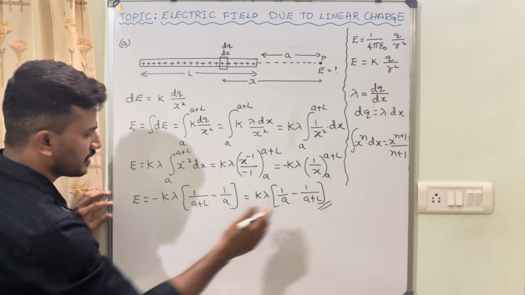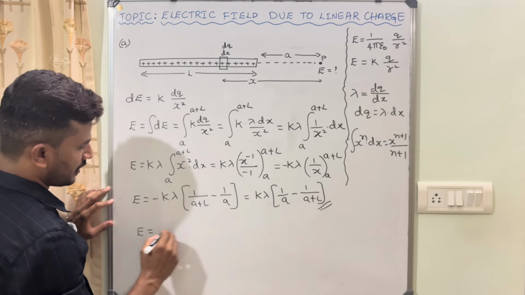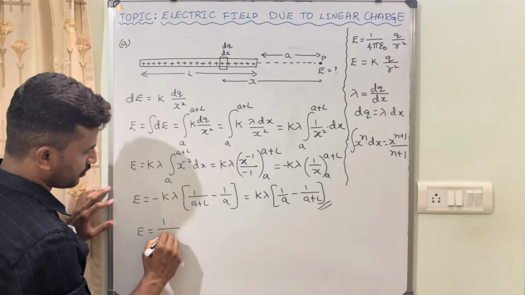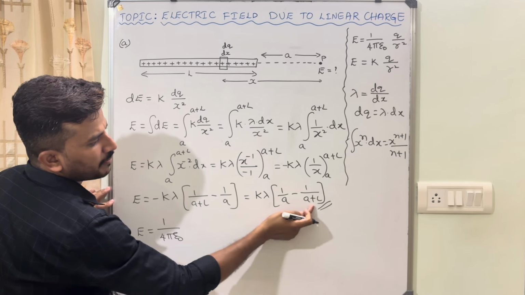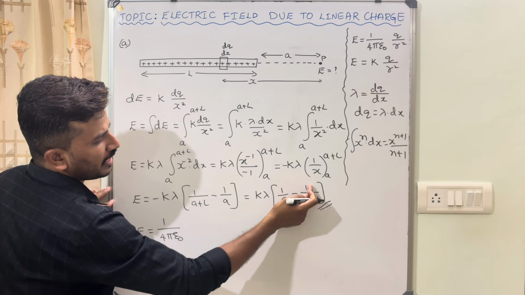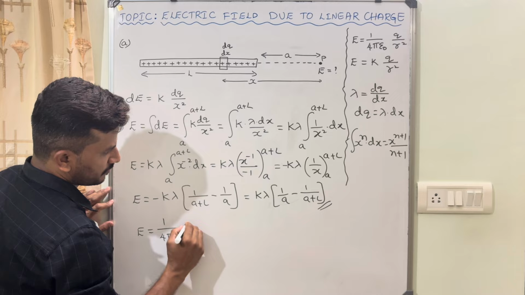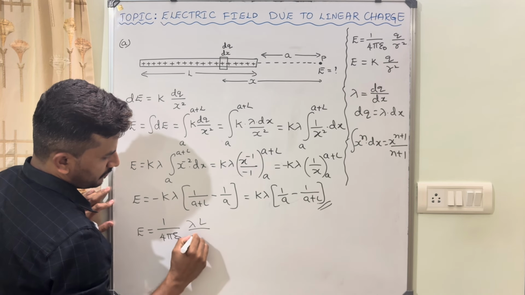You can further simplify this. E is equal to k, where k value is 1 by 4 pi epsilon naught. If you cross multiply, a plus l into 1 is a plus l, minus a. So a gets cancelled, l will be there: lambda l divided by a into a plus l.